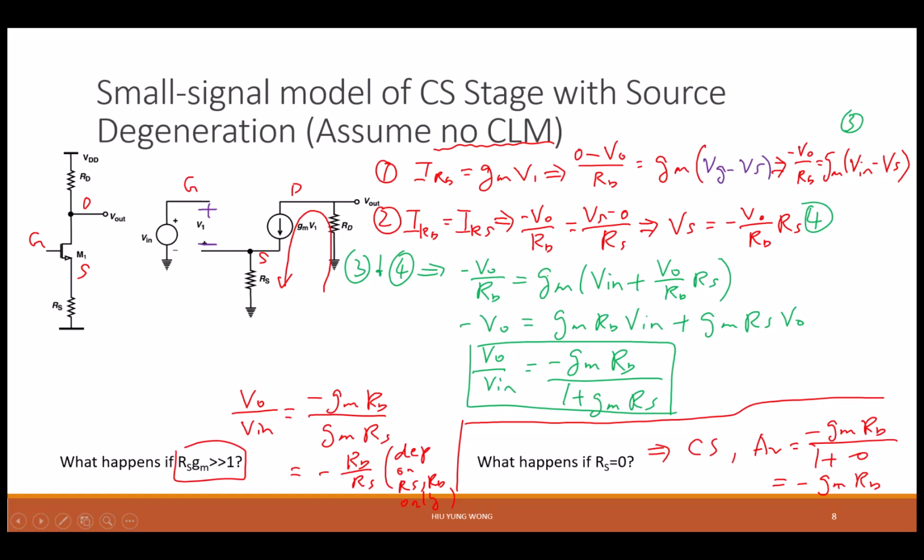What is I_RD? What's I_RD? How do you find it? Ohm's law. Look at the direction. How did I draw it? Thank you. 0 minus Vout over RD equals gm.